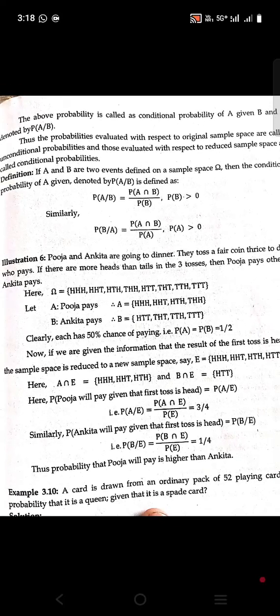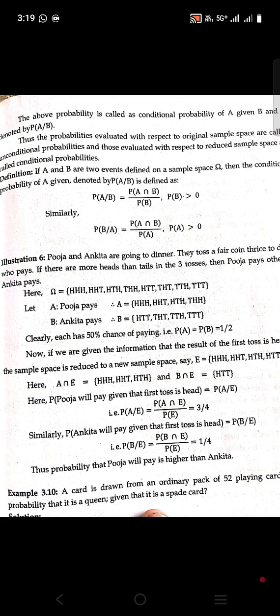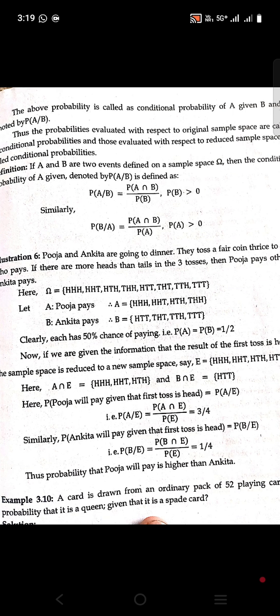We find A intersection E equal to HHH, HHT and HTH, and B intersection E equal to only HTT.